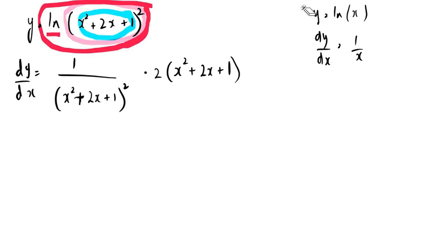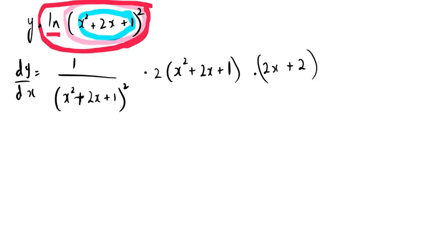So now we multiply that by the derivative of the pink baby function. The pink baby function, when you differentiate, you get 2 times (x squared plus 2x plus 1), we keep the inner baby function the same. That's the outer function.